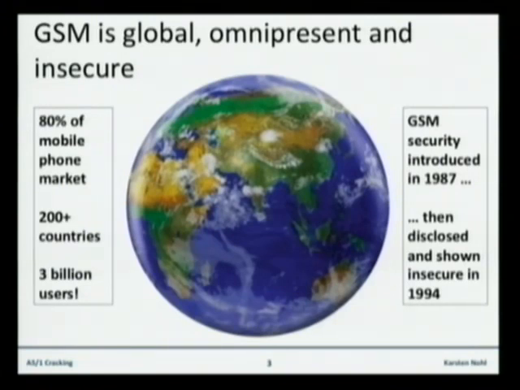GSM, for that very reason, always had security built into it. Even before the standard was first implemented, there was already a suite of encryption ciphers, and most countries chose to implement a reasonably secure cipher from their point of view. Now, this is a long time ago, and nobody would expect an industrial cipher to last this long.